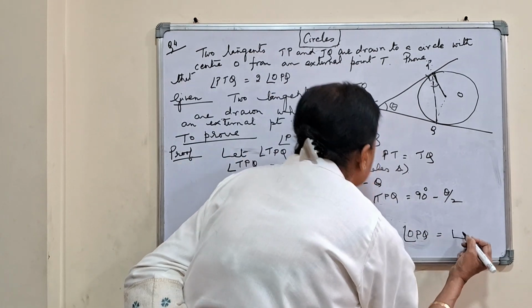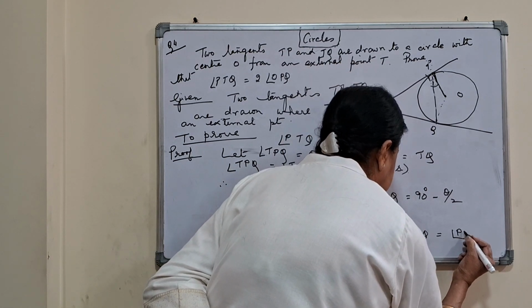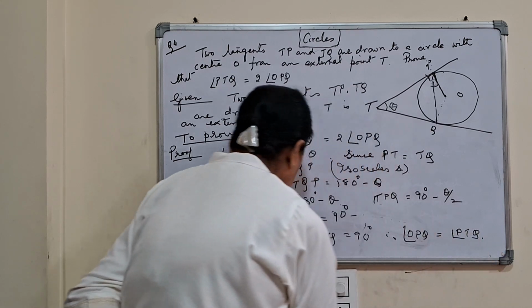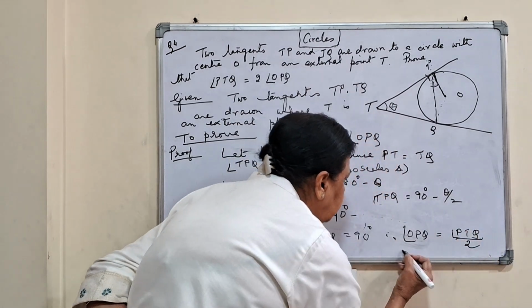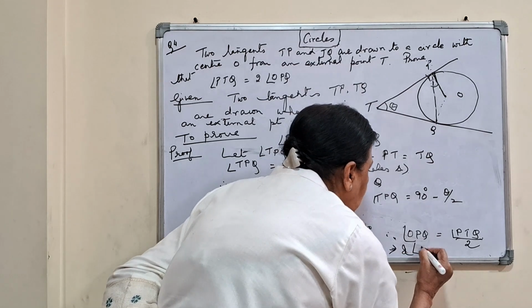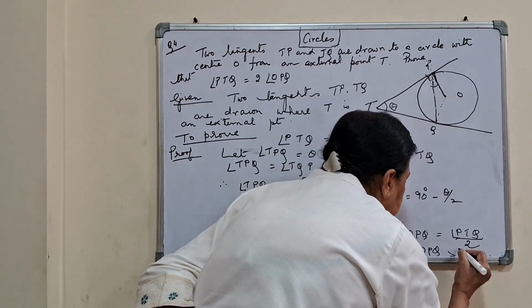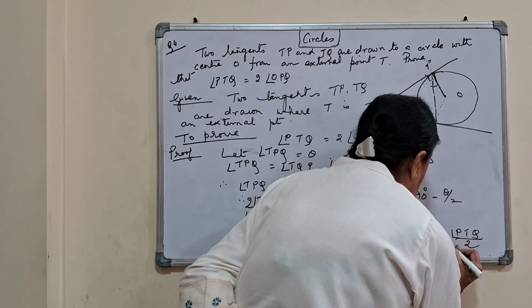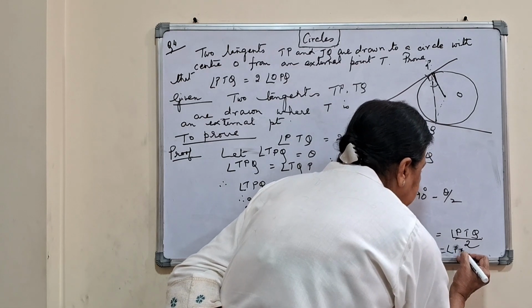Angle PTQ by 2. This implies twice angle OPQ is equal to angle PTQ.